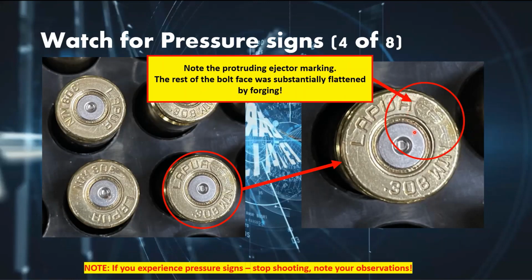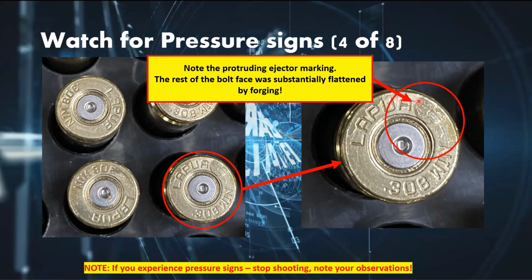Another sign of overpressure is if we see forge marks from things which are contoured into your bolt's breech face. If the cartridge you just fired has overpressure, the bottom of the case will be forged against the breech face of the bolt. What we see here, I believe, is the marking of the ejector.